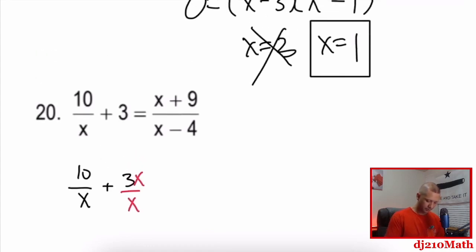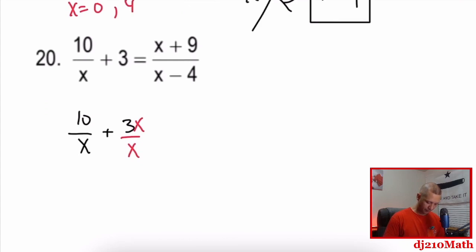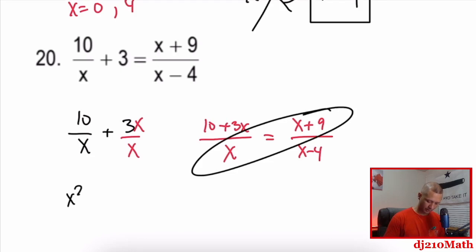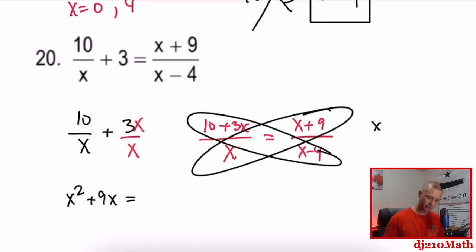First off, x can't be 0 or 4. All right. 10 plus 3x over x. All right, I'm thinking x squared plus 9x is equal to whatever this is. X minus 4 times 10 plus 3x.